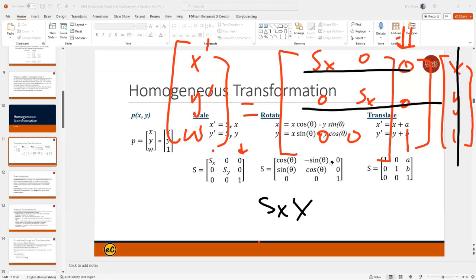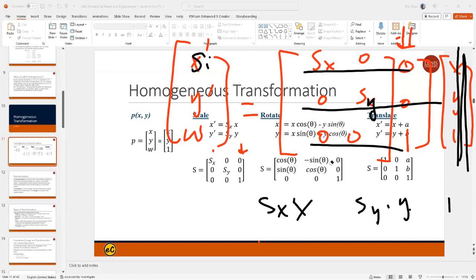This one multiplied by this one, you get Sy times y. And this one times this one, you get 1. So this one is Sx times x, Sy times y, and 1.